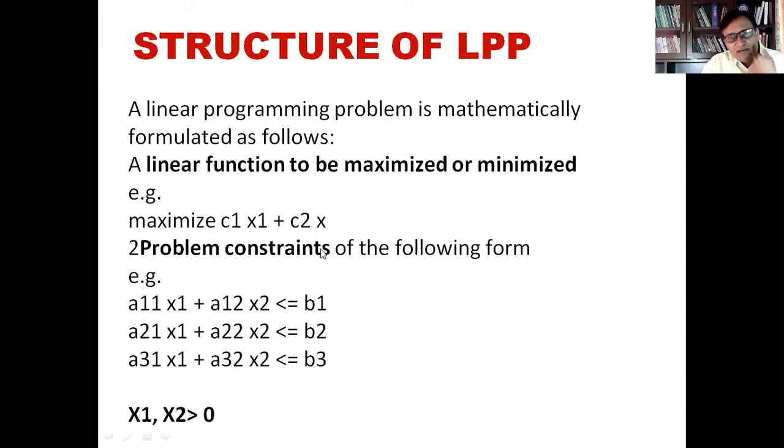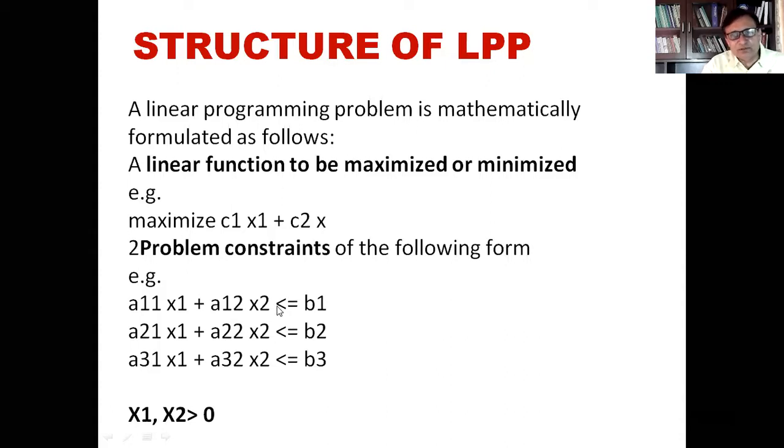By producing X1, the firm gets C1 profit per unit of X1 produced, and 1 unit of X2 produced gives C2 profit. So the total profit is maximize Z equal to C1X1 plus C2X2. Similarly, now there may be certain constraints.